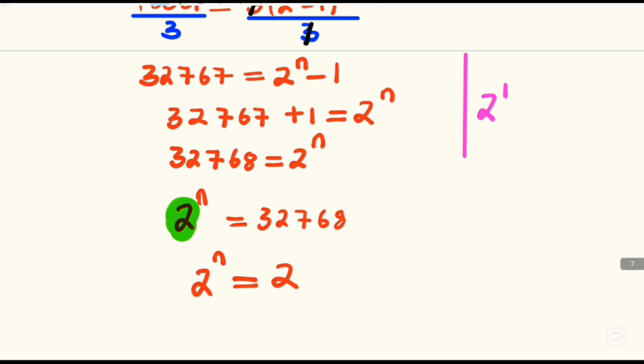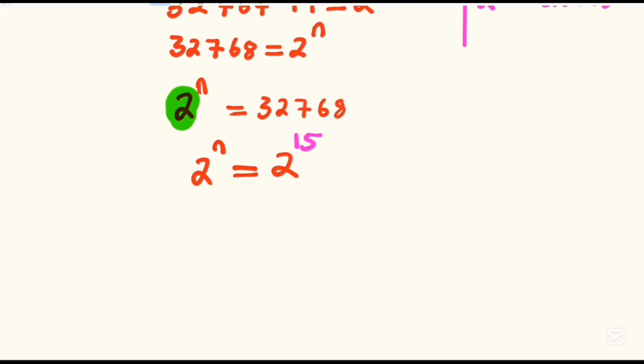So we try 2 raised to the power 14, which will be equals to 16,384. So we try 2 raised to the power 15. 2 raised to the power 15 is indeed equals to 32,768. So our exponent through trial and error is 15. Since the bases are the same, in order for this equation to balance, our n will be equals to 15.